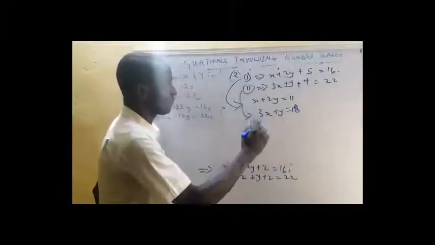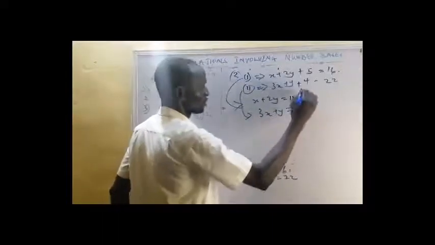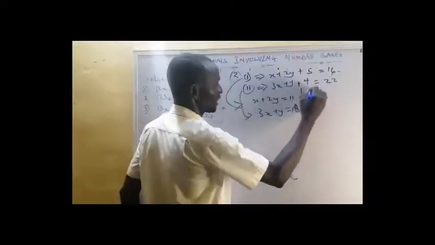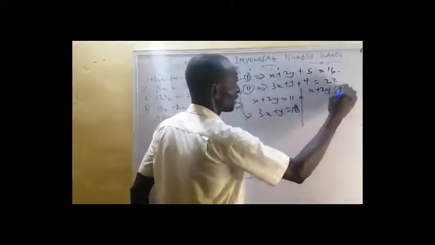If I multiply the base by minus 2, equation 1 is the same thing as x plus 2y is equal to 11.